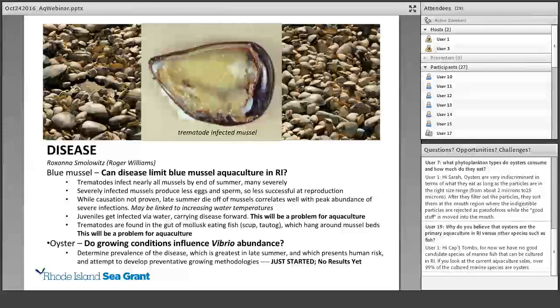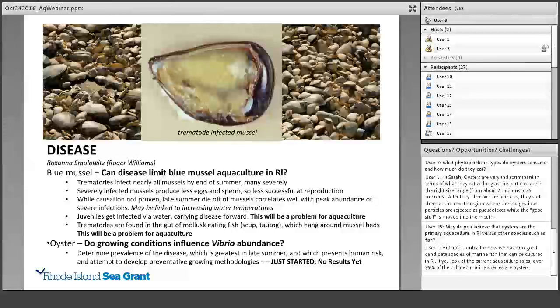Blue mussels are being more closely looked at as an aquaculture potential species, both for raising them in a hatchery and then getting them out onto long lines.